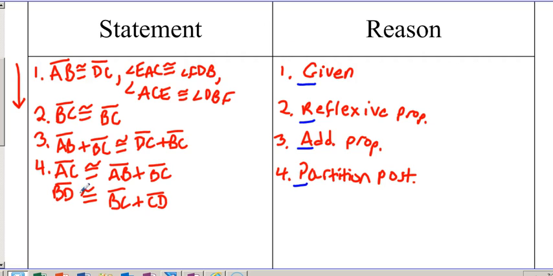We need the substitution. Step 5. Notice we have these two are congruent, and they are right here on the right side. Remember, in class we say if the right side's a match, then the left side's a match. So we can take these left sides as being equal. AC, or congruent in this case, is congruent to BD by substitution.